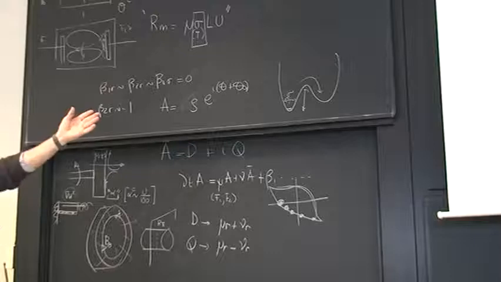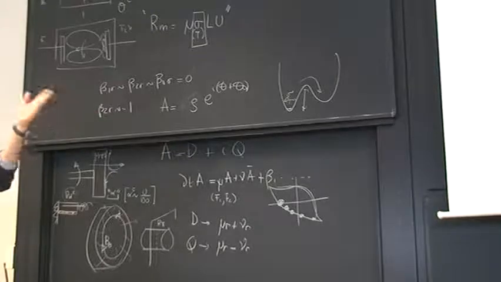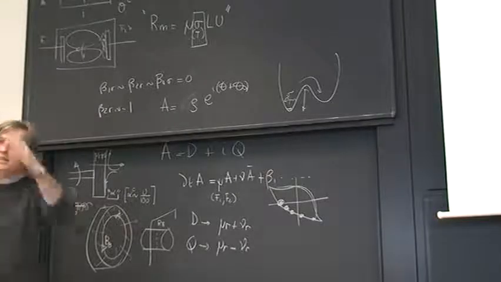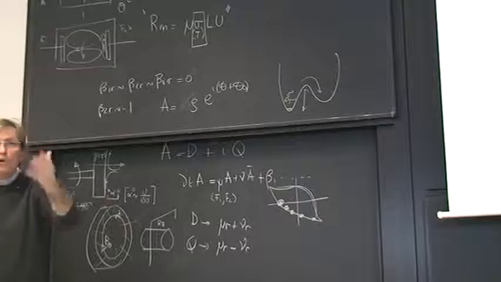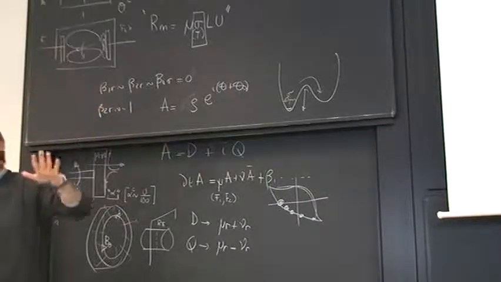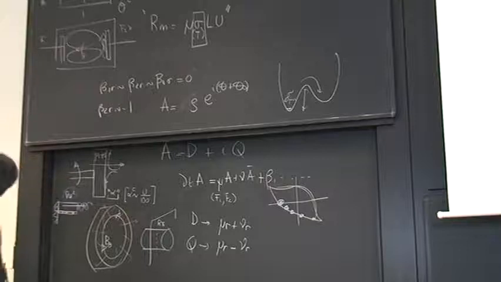So this is what we're proposing here. There's a model in which the generic feature is a deterministic evolution, but on top of that you have a small noise that plays a role in the stochastic transitions, pushing you from one orbit to the other.